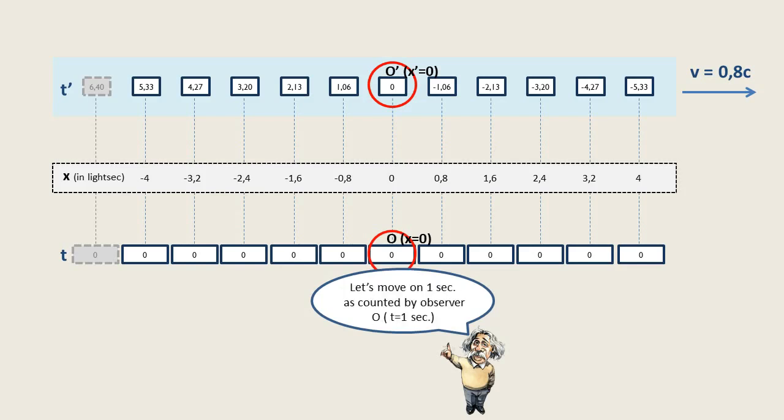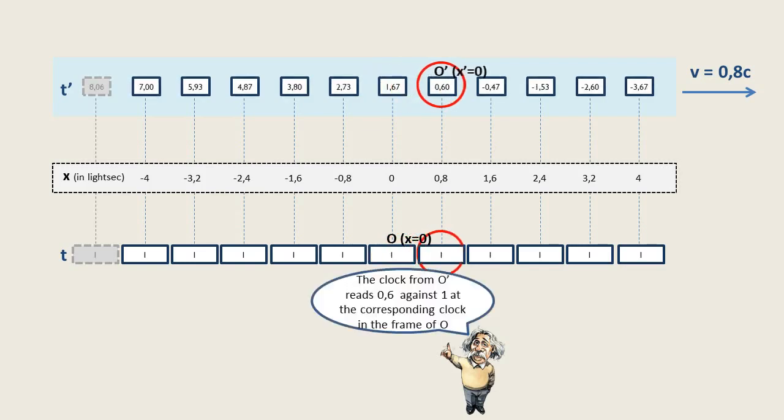Let's move on 1 second as counted by observer O. The clock from O' reads 0.6 seconds against 1 at the corresponding clock in the frame of observer O. So according to observer O, the clock at O' runs slower.